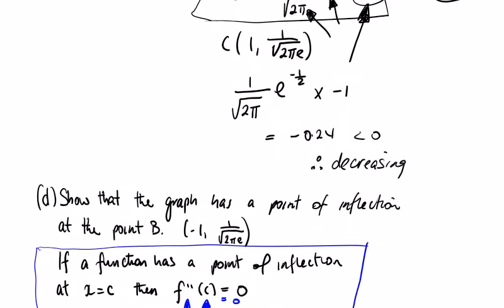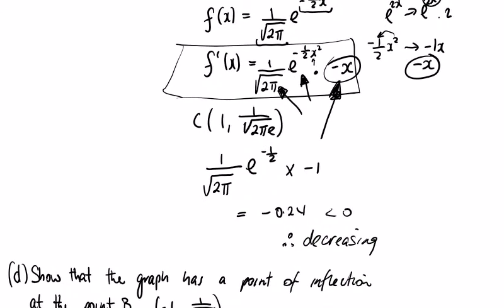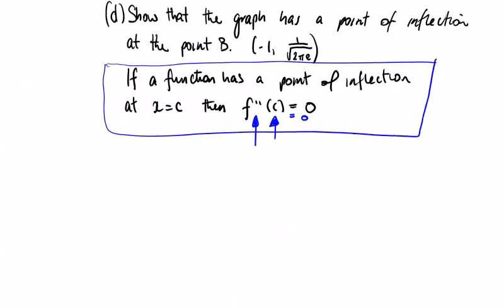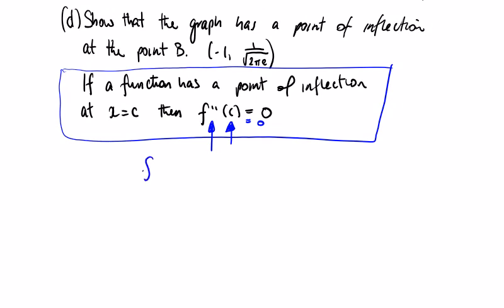So let's take our function down again. Well, we have the first derivative here, 1 over the square root of 2 pi times e to the power of minus a half x squared by minus x.